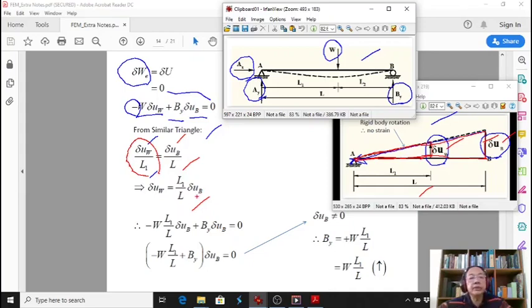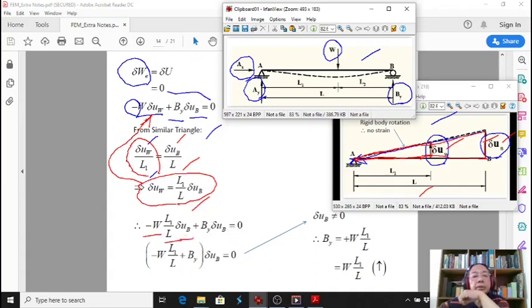So we substitute from here. This we substitute to here. So this becomes W times L1 per L times virtual UP.